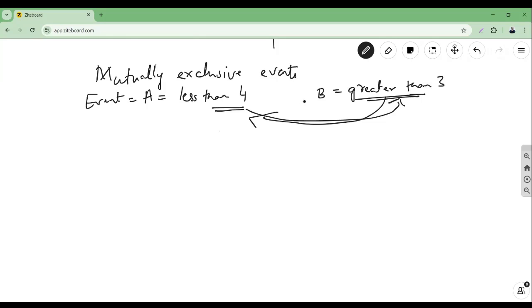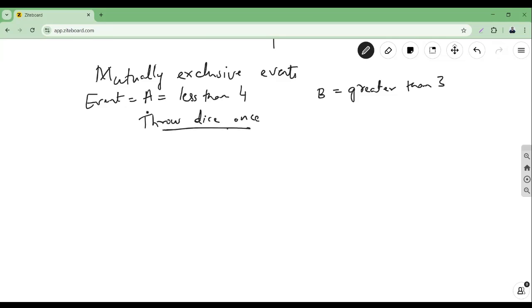So now these two are mutually exclusive events. That means they are exactly opposite to each other. So here it is not one after the other. It is the same: I'm throwing the dice only once, but the event that I'm choosing is different.